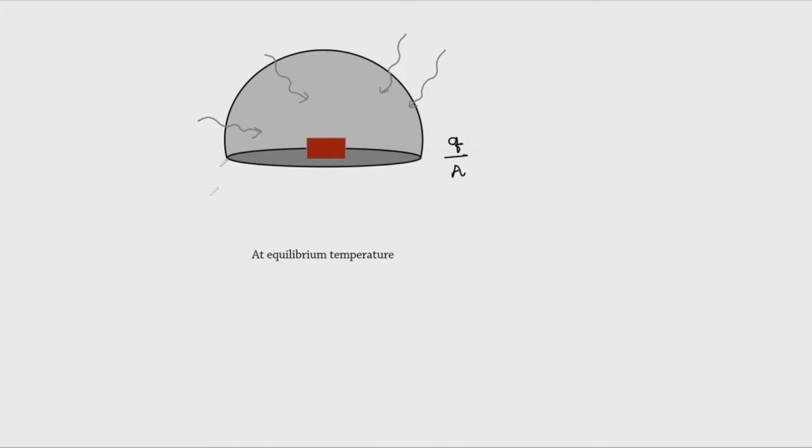Now if we have a material here, and we know that this enclosure has already dissipated heat through this material, we could say that the emissive power of this material here is equal to the heat flux of the surrounding or the enclosure times the absorptivity of the material here.